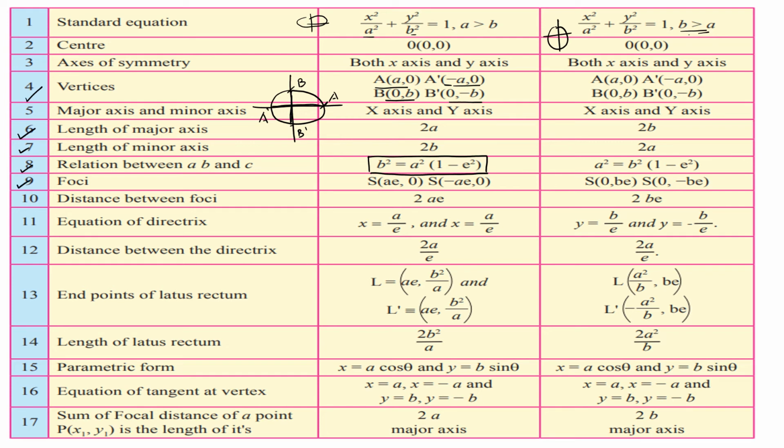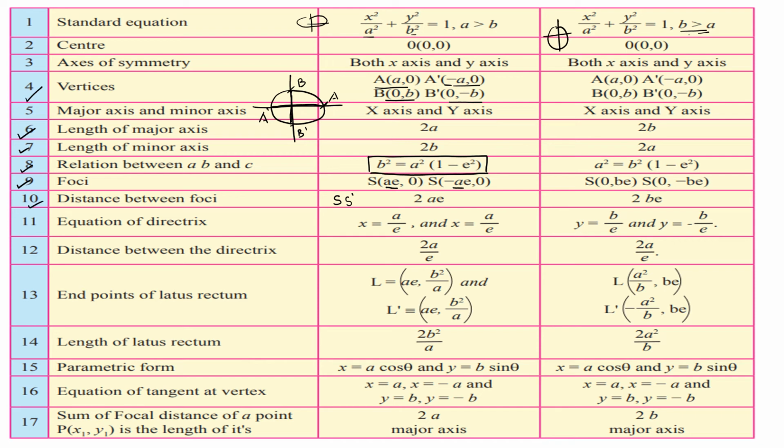Then what were the foci? S and S dash. We knew S was ae, 0, S dash was minus ae, 0. Now, if I want to find S S dash, I know the coordinates of S and S dash, so I'll apply the distance formula. I'll get 2ae.